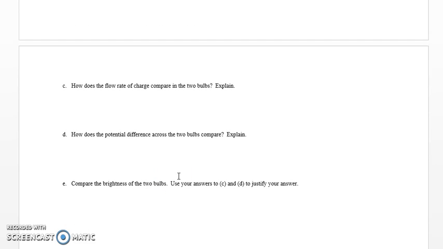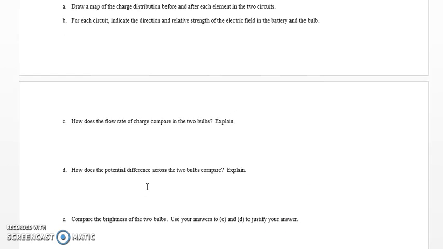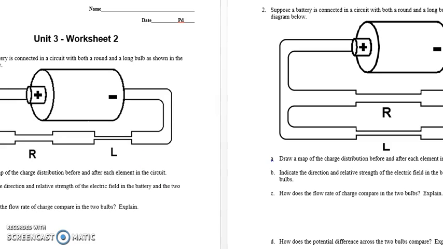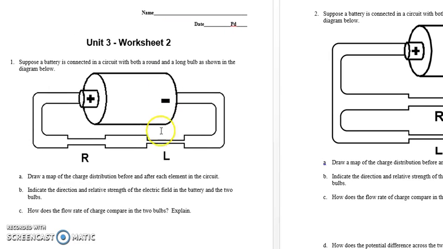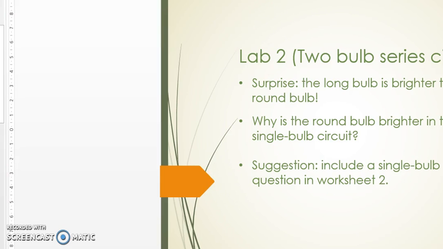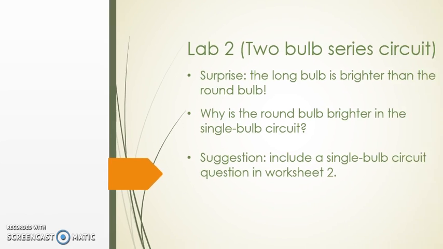And that means students will have to directly address the issue of the brightness of the bulbs in the single bulb situation first, before confronting the issue of brightness in the bulbs in a two bulb circuit. So I think that's one way of making things a little bit clearer.